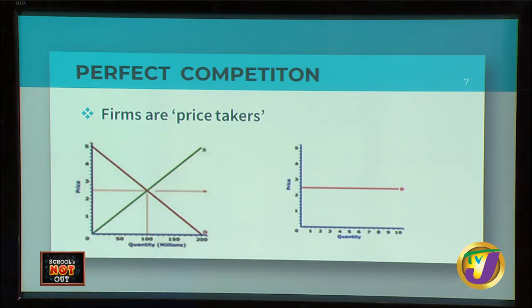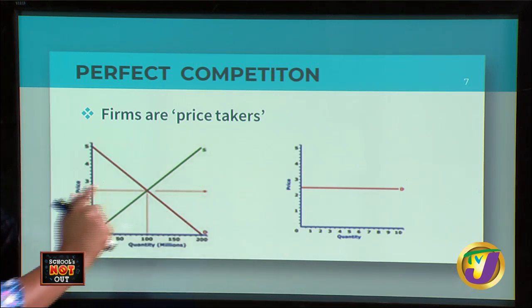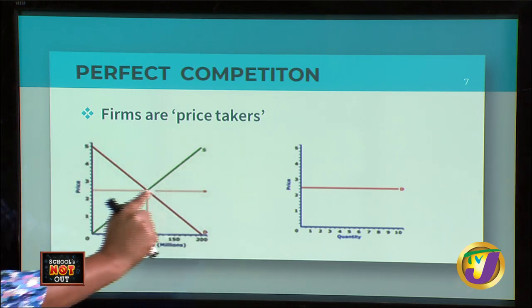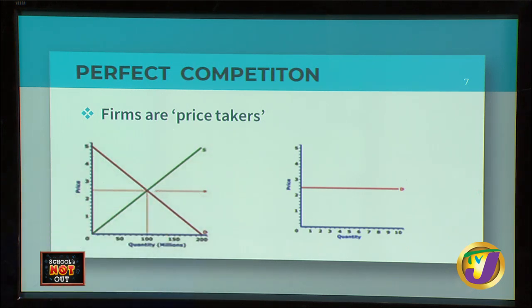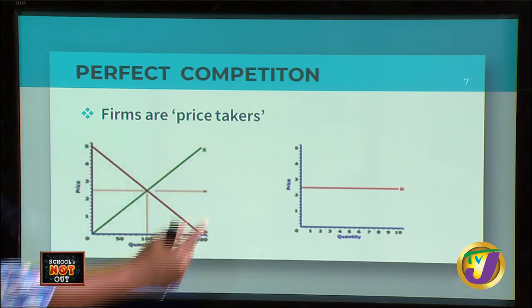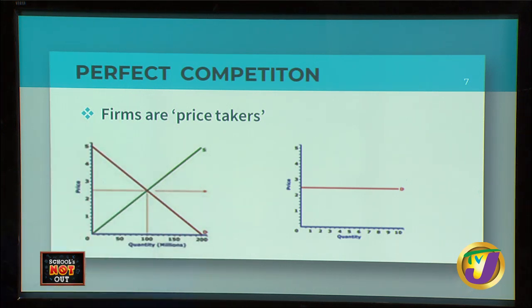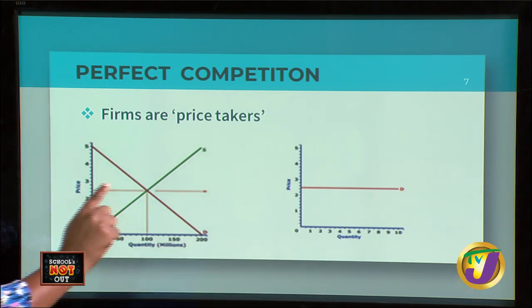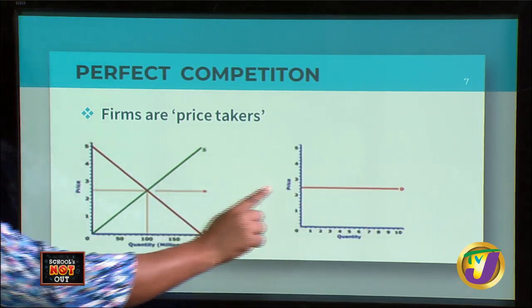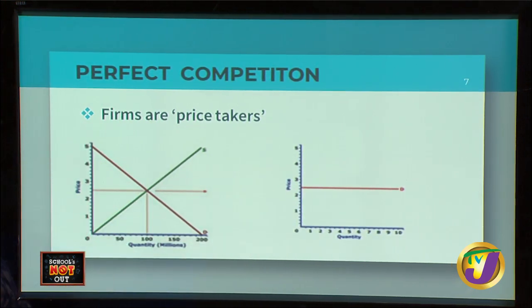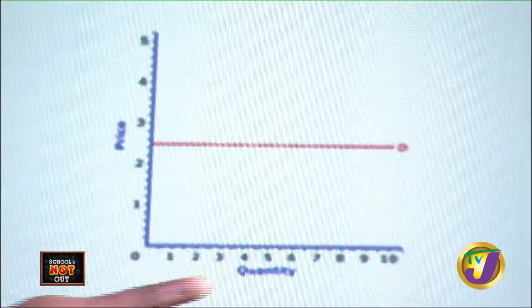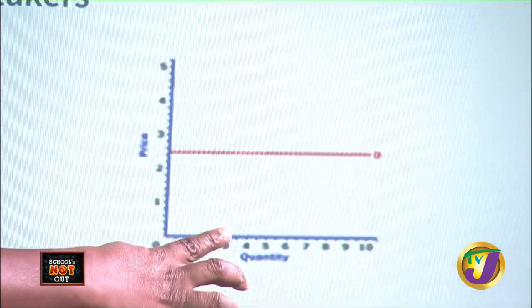And in previous lessons we know that when demand and supply meet, then market price is established. Now, when the industry determines the price, because the firms are so small, they cannot influence the price. They have to take the price that is determined by the industry. Hence, they are called price takers.